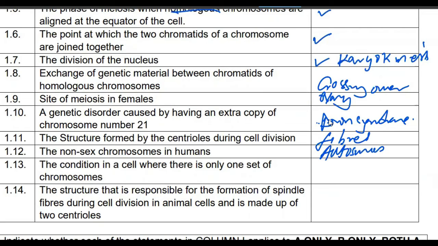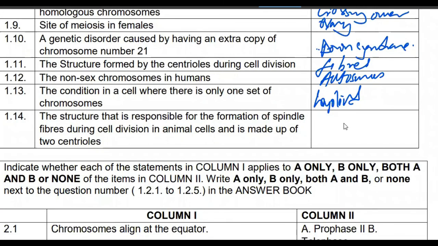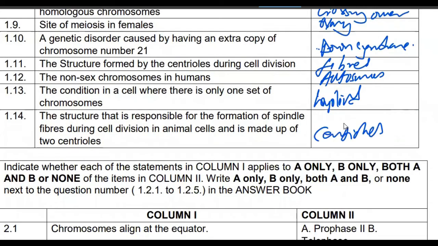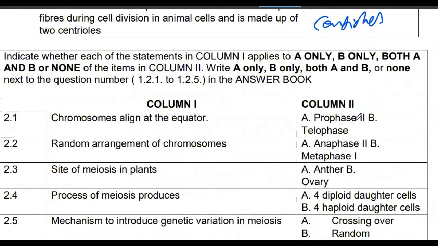The condition in the cell where there is only one set of chromosomes, we call haploid. The structure that is responsible for formation of the spindle fiber is called the centrioles. Chromosomes aligned along the equator, none, because here it must be metaphase. Random arrangement of chromosomes must be metaphase.